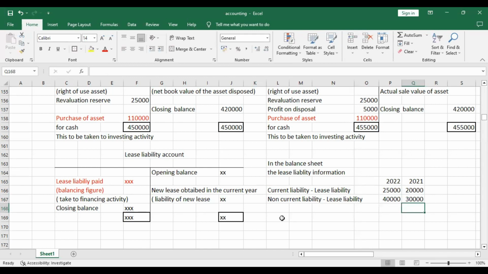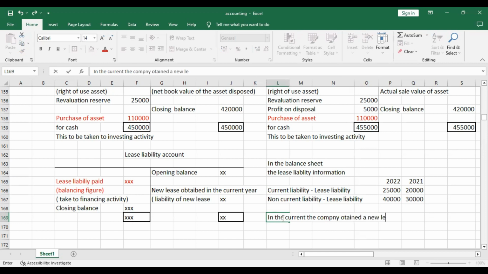Then in the current year, the company obtained a new lease for 20,000 or 30,000. With this information, how are we going to prepare the account?